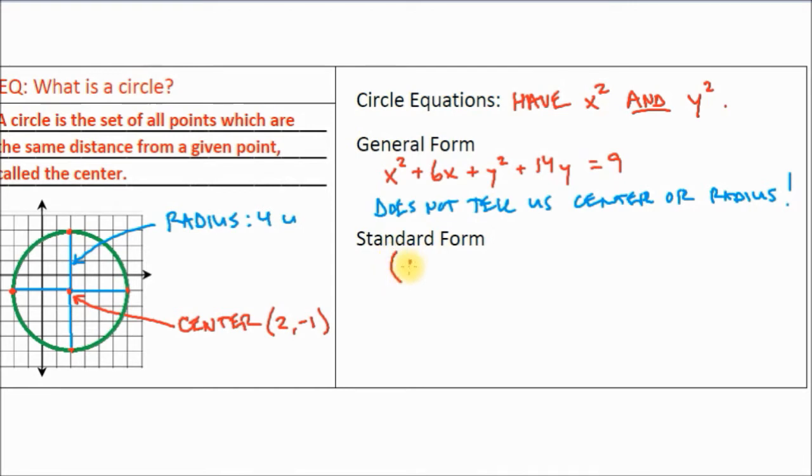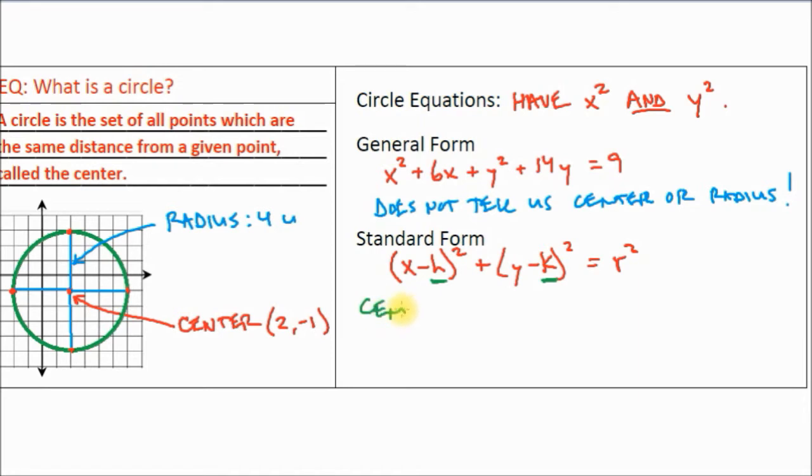I'm going to write it in just variables. (x minus h) squared plus (y minus k) squared equals r squared. Now you should see some similarities here to a vertex form quadratic. You've seen x minus h squared in a vertex form quadratic. And the cool part about this form for a circle is this. The h value and the k value tell us the center.